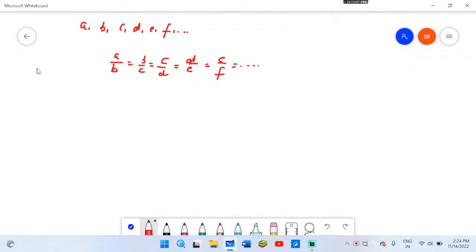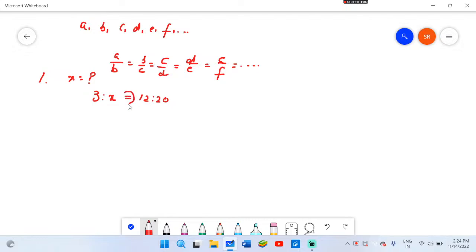First problem we take: find the value of x. Given 3 is to x is equal to 12 is to 20.